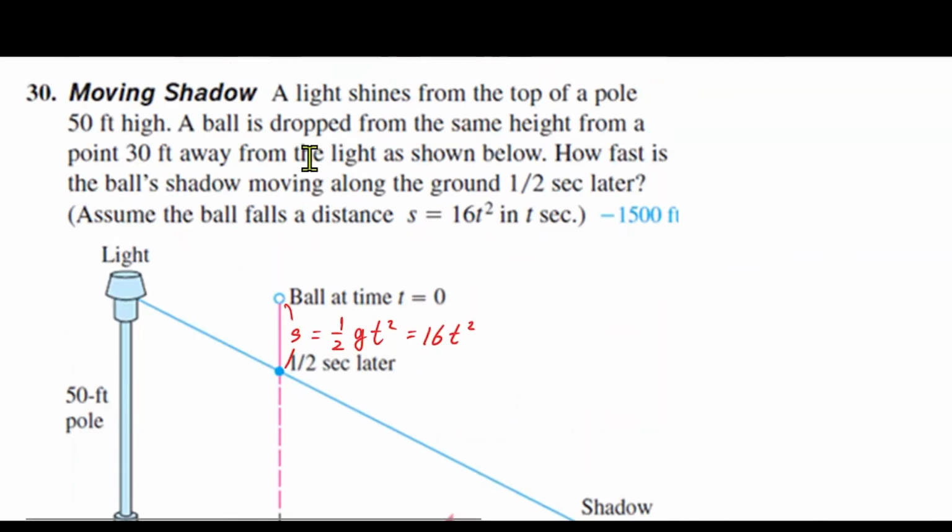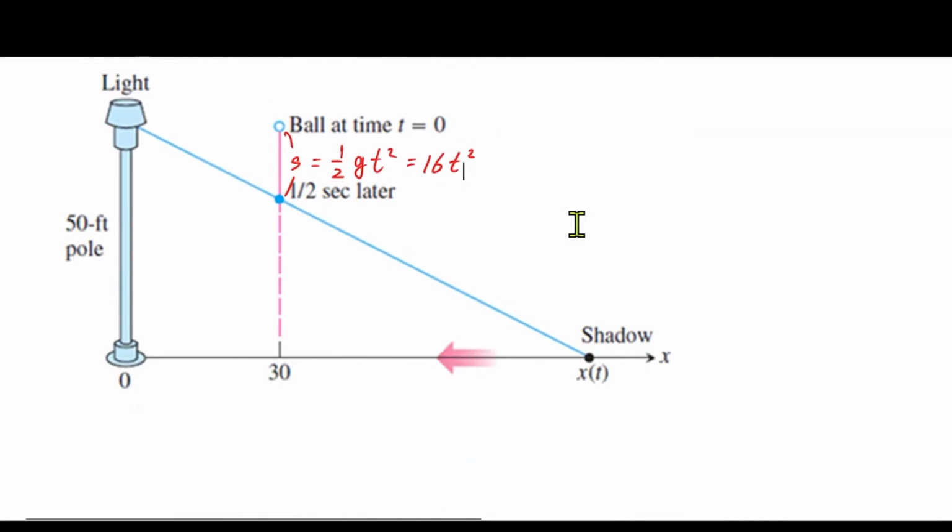Then what is the question asking? How fast is the ball's shadow moving? Okay, let's do a similar thing here. We have this triangle right here, right? I'm going to call this side x, and this side y. As you can see, y is not a true independent variable. We can substitute y in terms of this expression.